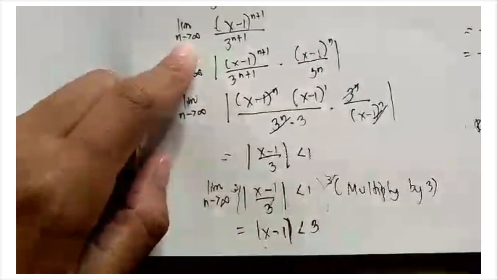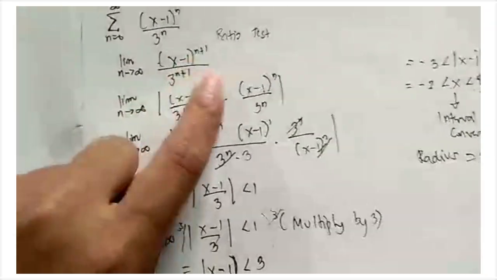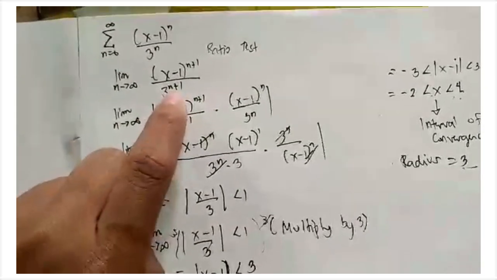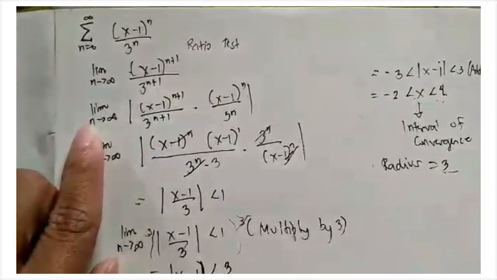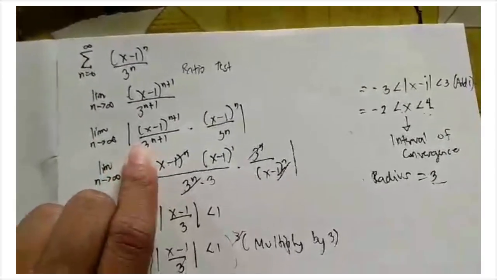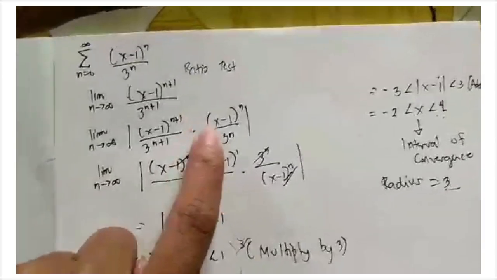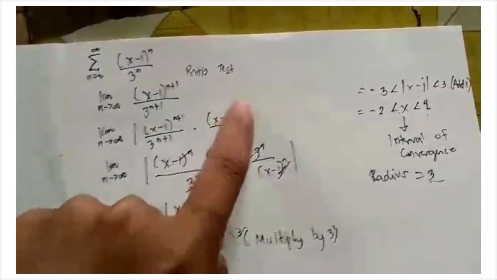That's why we get this: the limit as n approaches infinity of x minus 1 raised to n plus 1 over 3 raised to n plus 1. Like what we did earlier, we just multiply it by the reciprocal of the original value, which is x minus 1 over 3 raised to n.